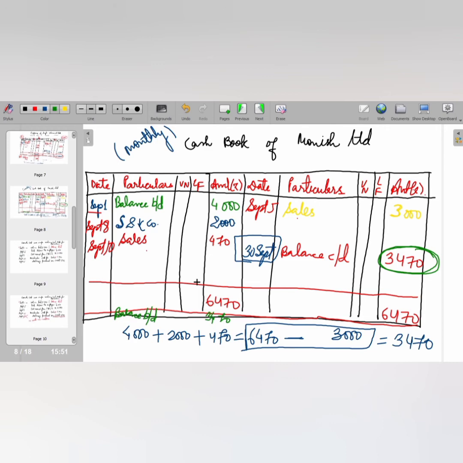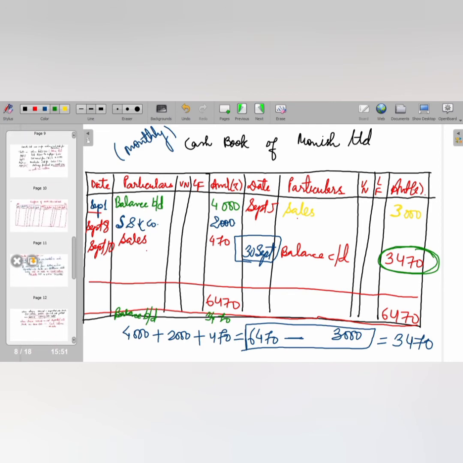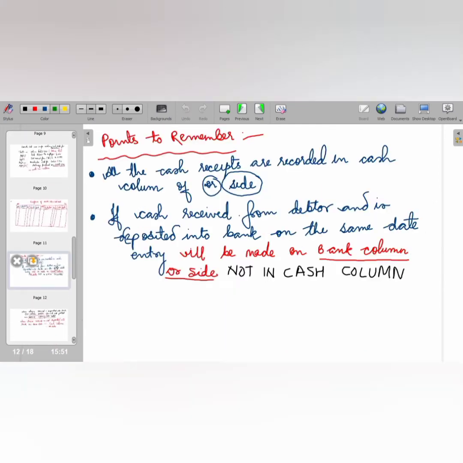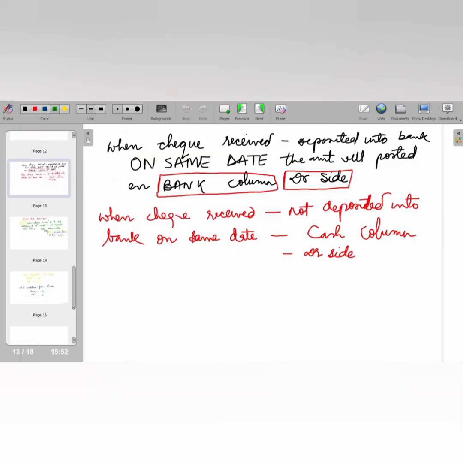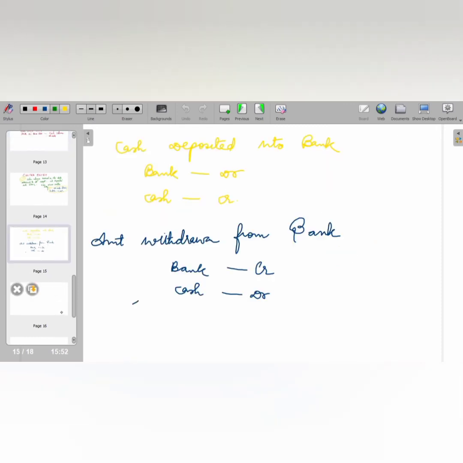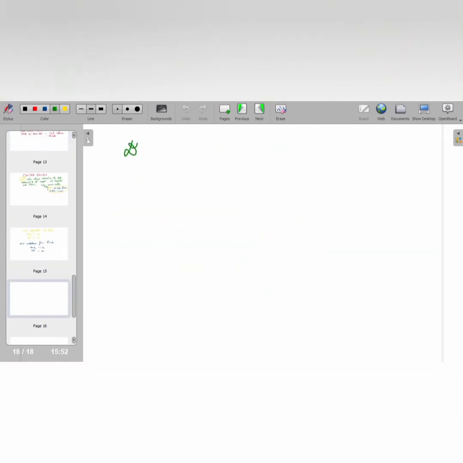Now we'll move to the next subtopic, that is double column cash book. Now we will understand what is double column cash book. The only difference between the single column and double column is the amount column.